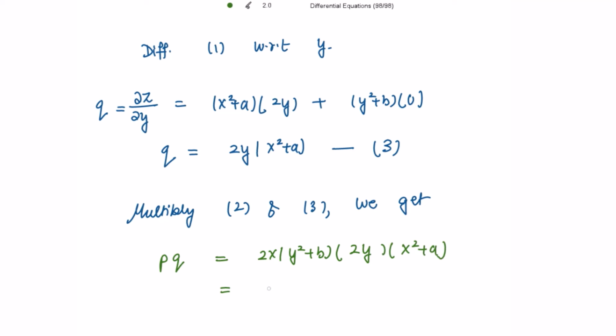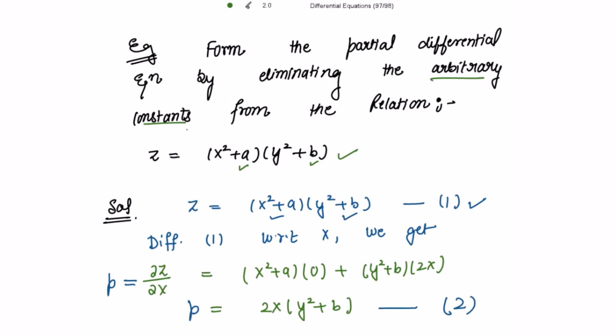So when multiplying this we get 4xy into (x square plus a) into (y square plus b). And instead of these two products, it is given that these two products are equal to z.